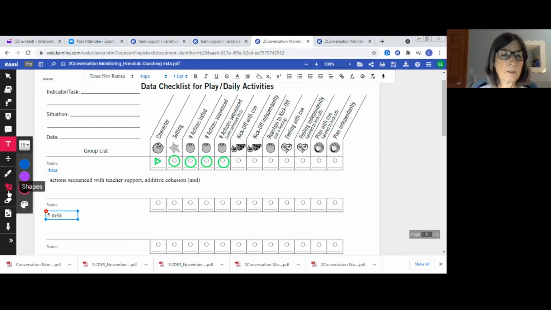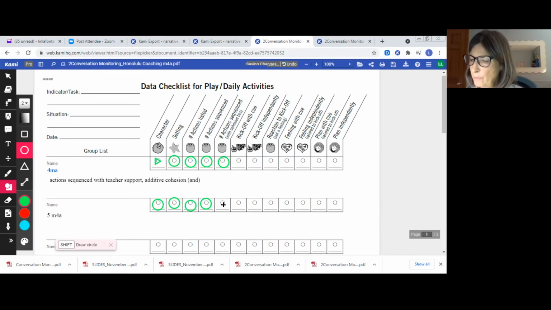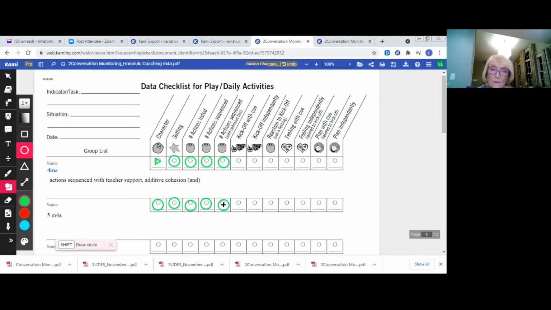And again, going to some shapes and using the circle, you could do the same thing. We noticed that he had the character, the setting, he had actions, he had them sequenced. And I think he used the word "and." I should look at it. Yep, he had 1. So the same thing.